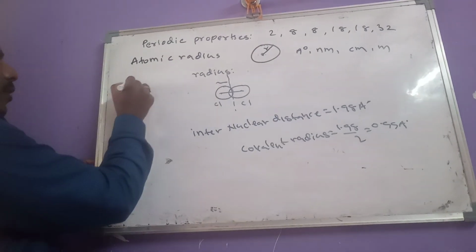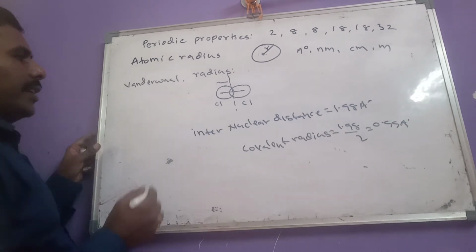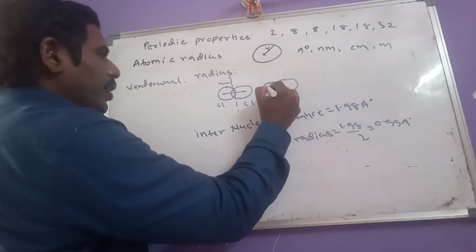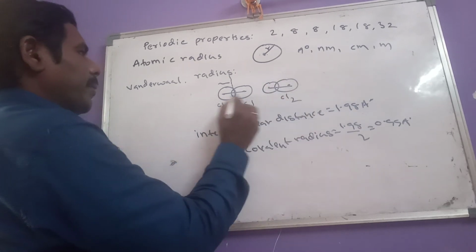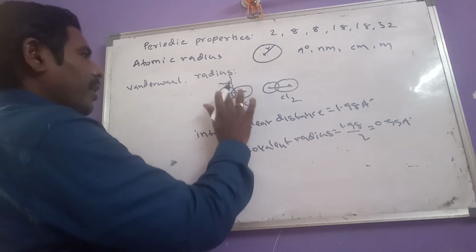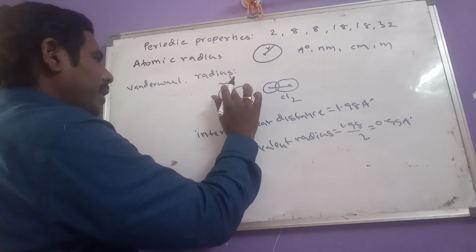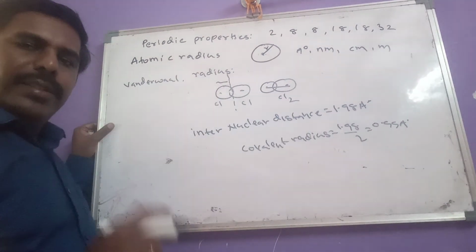So what is van der Waal radius? For example, if you consider two chlorine molecules, let this be one chlorine molecule and this the other chlorine molecule. These two are held together by weak van der Waal forces, in the solid state.